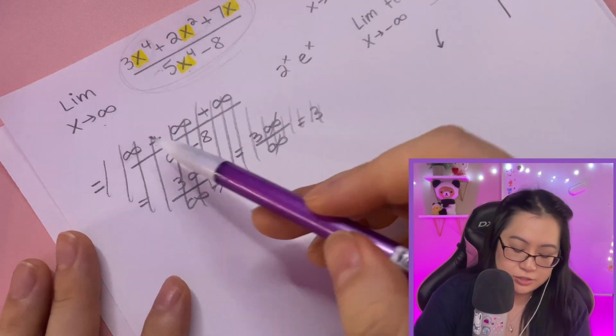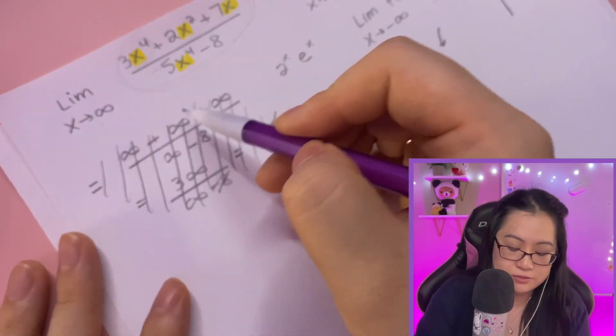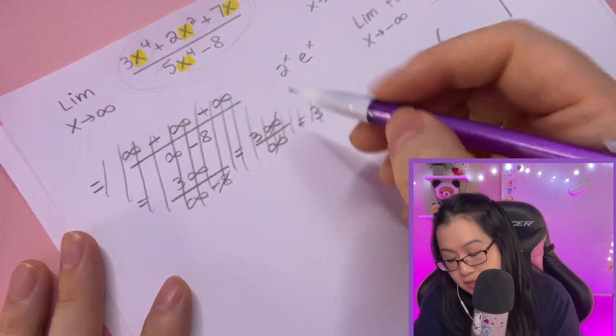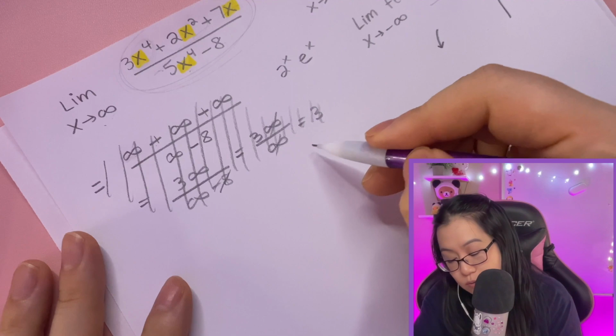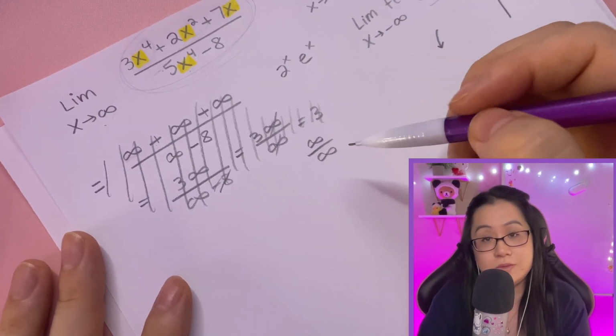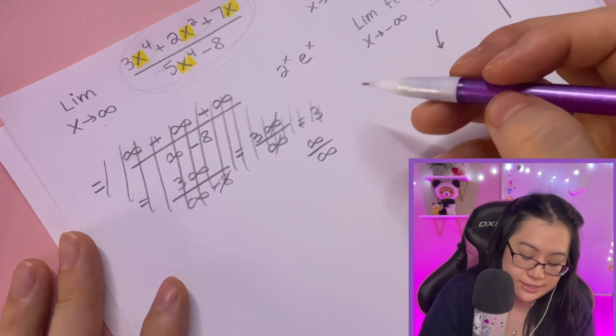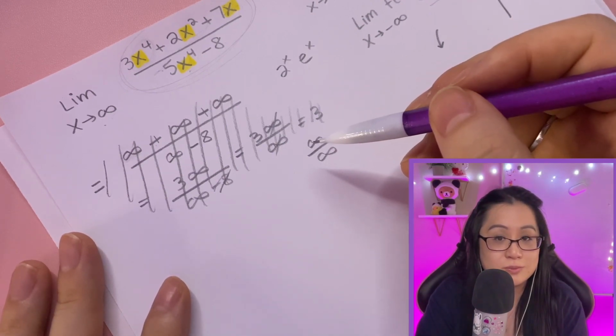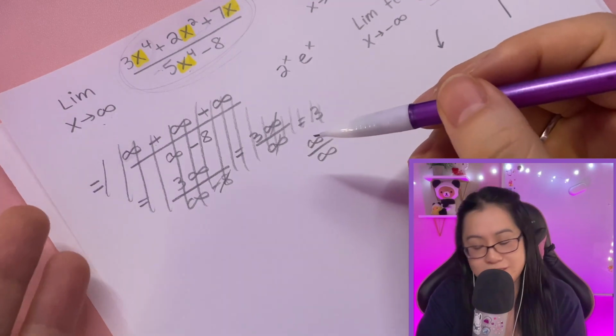So I guess I should have mentioned that infinity plus infinity or infinity minus infinity is an indeterminate form. And so is infinity over infinity. You can't just cancel that out necessarily to equal 1. And this is the same idea of indeterminate form for L'Hopital's rule if you happen to have already taken calculus.